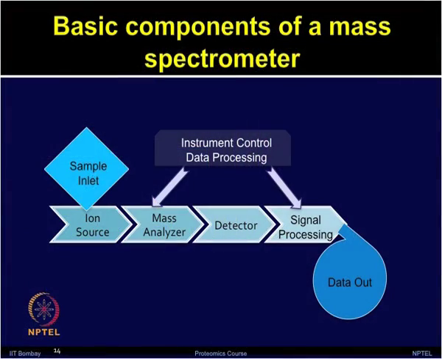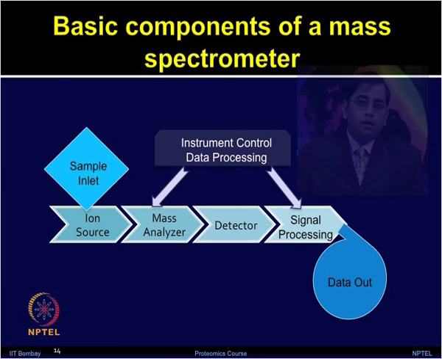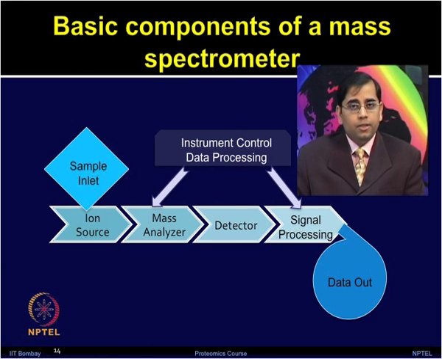Sample inlet transfers a sample into the ionization source. The ion source or ionization source converts neutral sample molecules into gas phase ions. Mass analyzers separate and analyze the mass of the ionic species.